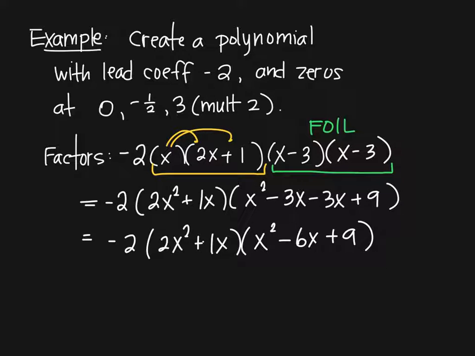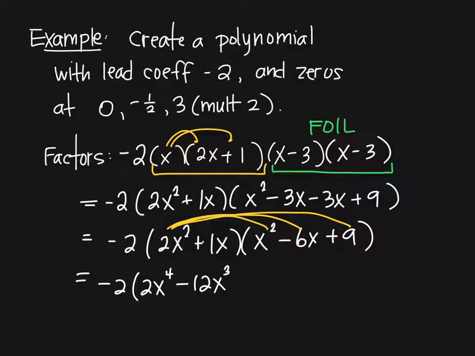Okay, now we can superFOIL. For superFOIL, I'm going to take 2x squared and distribute that to all 3 of the pieces that come behind. So 2x squared times regular x squared is 2x to the 4th. 2x squared times -6 is -12x cubed.